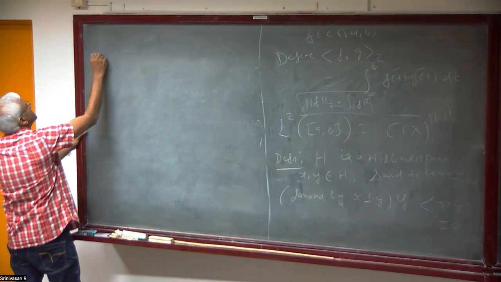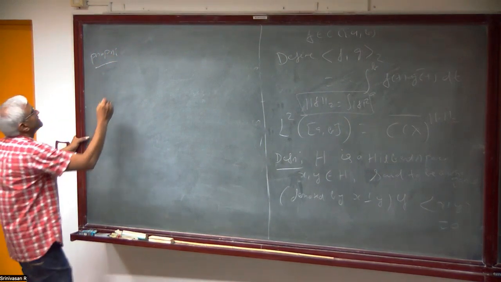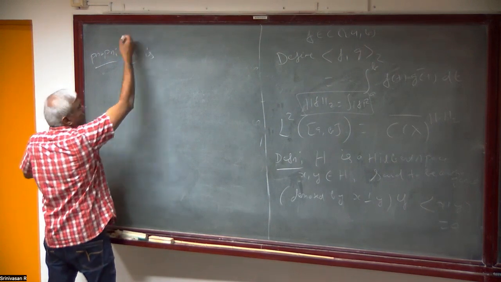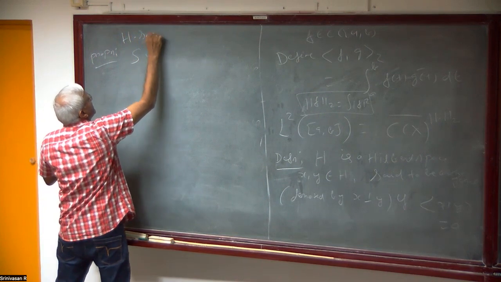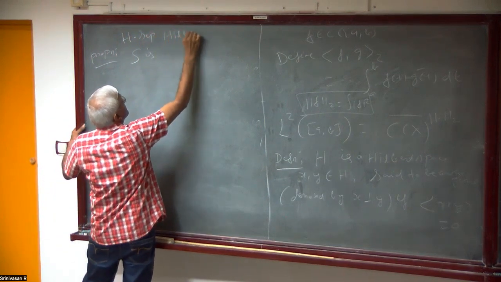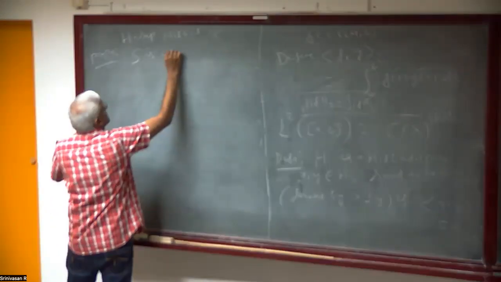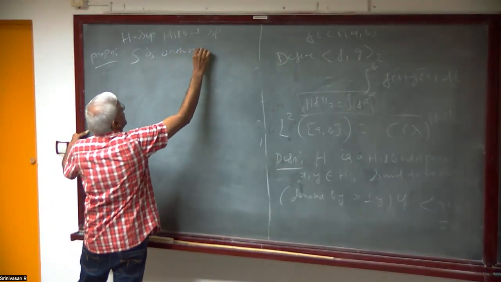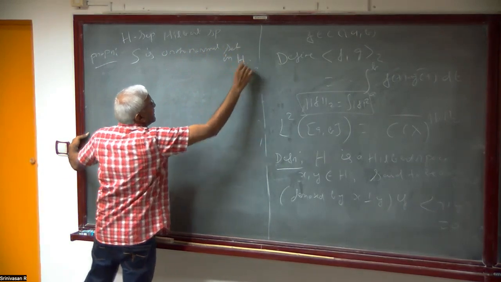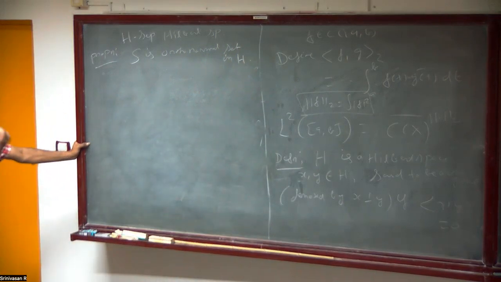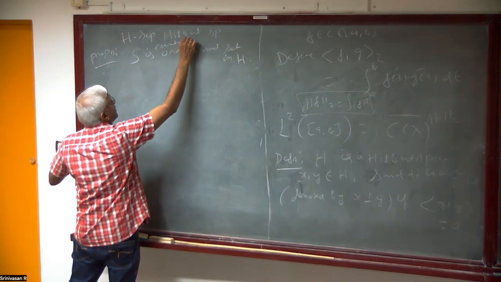So let us do the proposition. Of course, we assume H is a separable Hilbert space, a separable inner product space which is complete, and S is an orthonormal set in H. Then, of course, it is countable.